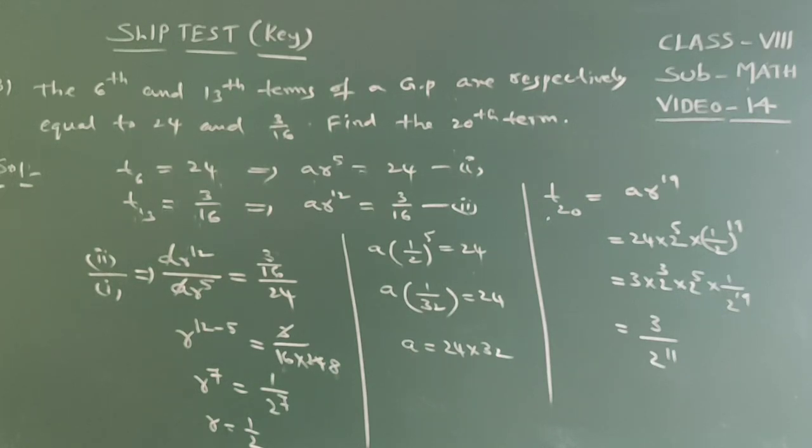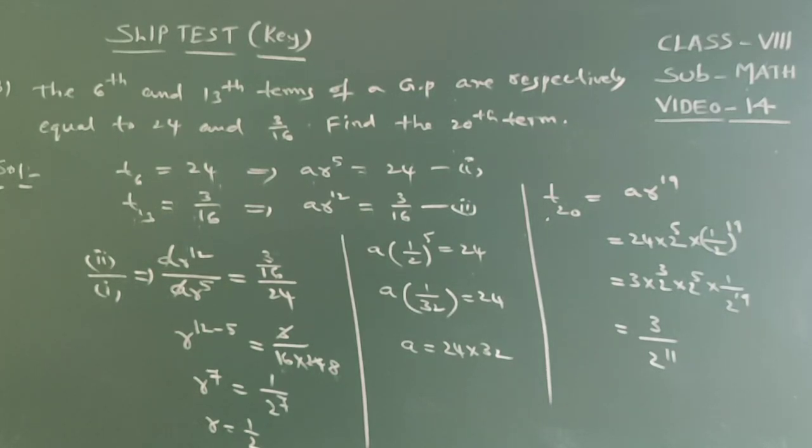That's why substitute the r value in the first equation. What is the first equation? a r power 5 equal to 24. a into 1 by 2 whole power 5 equal to 24. 1 by 2 power 5 means 32. a equal to 32 into 24. Now T20. We have a and r values. Now we can substitute.